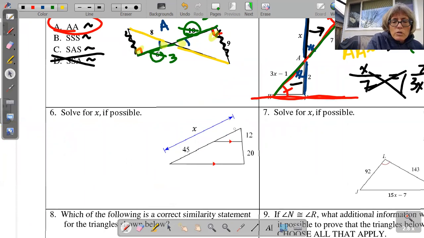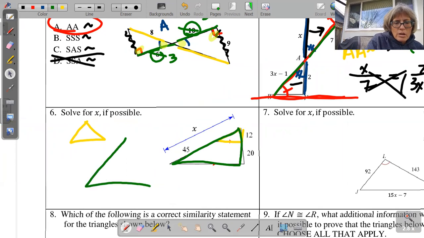Here, I know the triangles are similar. I'm going to pull them apart. Whenever you have overlapping parallel lines, it's a good idea to pull them apart. I know they're similar because they share this angle. And because of the parallel lines, these angles are congruent. They're corresponding.